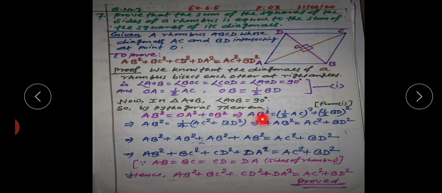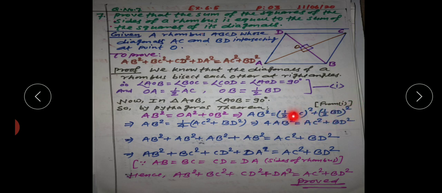This implies that AB square will be equal to, OA is equal to half of AC, so OA is replaced by half of AC and the whole square, and OB is equal to half of BD, so OB is replaced by half of BD and the whole square will be there. Now in this term 1 by 2 square will be 1 by 4, and in the second term also 1 by 2 square will be 1 by 4.